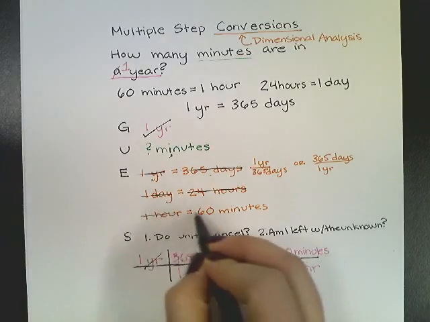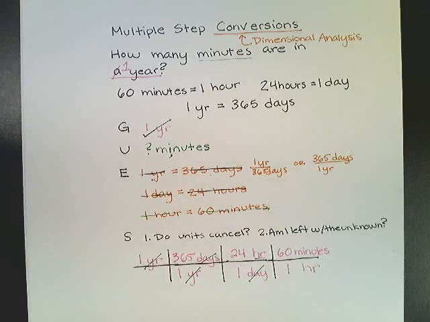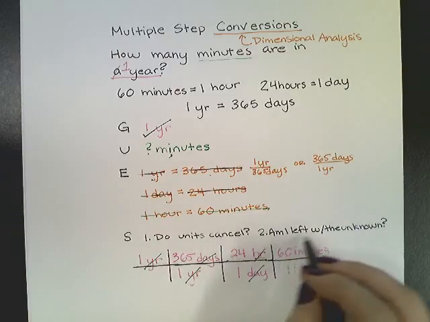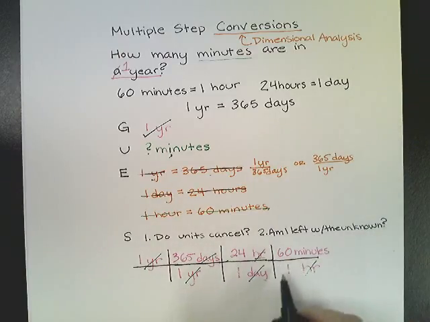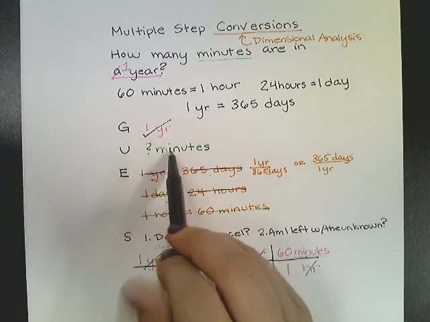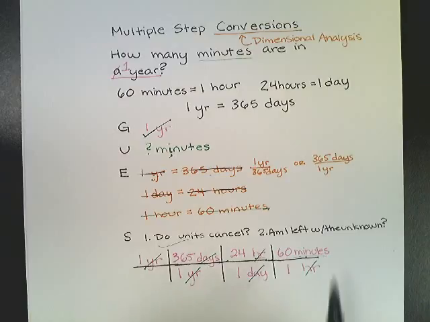Well, first, I'm going to cross off this conversion factor because I've already used it. Now 1, do units cancel? Well, I see hour and hour, so yes, units cancel. Am I left with the unknown? Yes, I am. I'm left with minutes. That matches my unknown. That tells me I have this set up correctly.